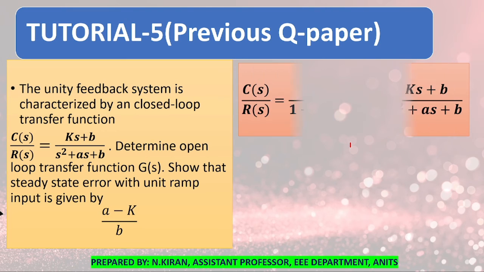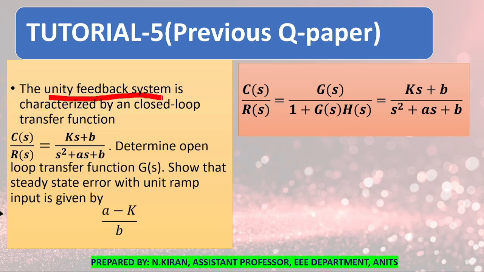So given the closed loop transfer function is represented by G(s) by 1 plus G(s) into H(s), because it is a unity feedback system and assuming that it is a negative feedback system, given that it is equal to (Ks plus b) by (s square plus as plus b), from this we have to find the value of open loop transfer function G(s).